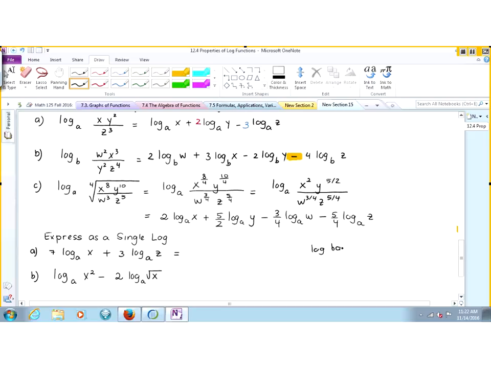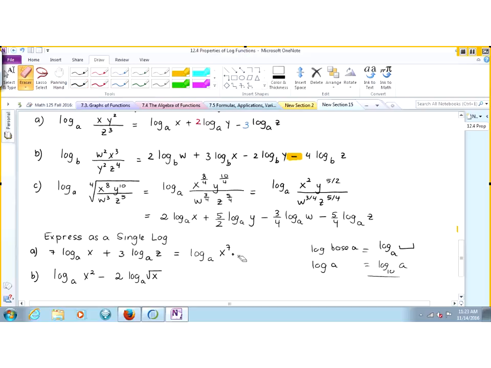Because if I say log base A, this is log with base A, and then it follows something else. But if you say log A, this is log base 10 of A. That's why I was very particular when I asked you. If you say log A, which one are you referring to? They're not the same, right? So this one, which one is this? Yes, log base A of, that's right.